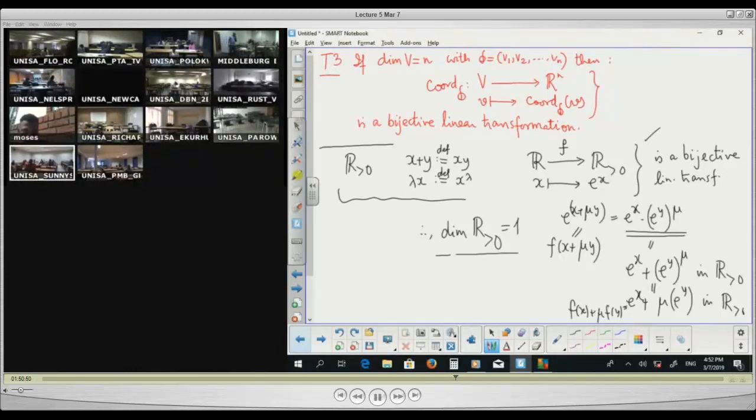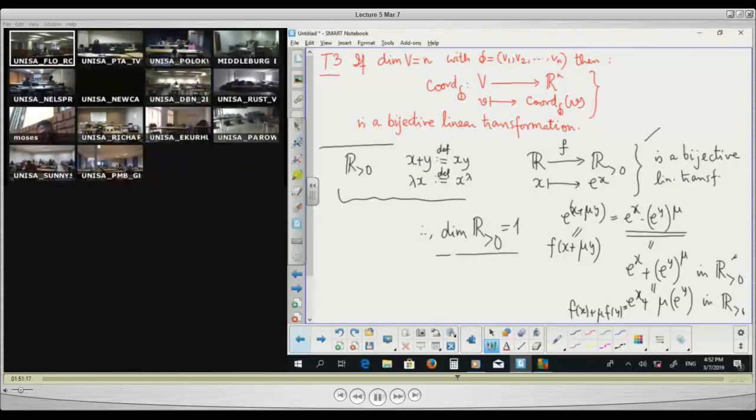My question is, how is the multiplication related to the one that has addition below there? Wait. One by one. The addition in this vector space is defined by this. Right?